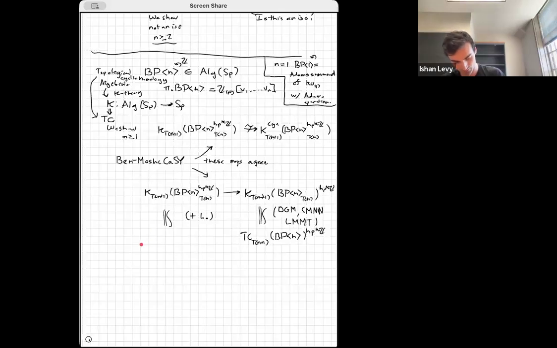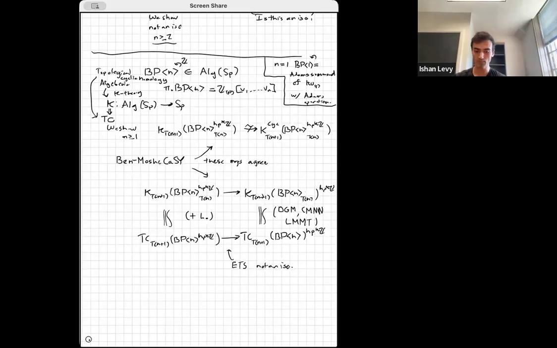And so what you end up with is that you can replace K-theory with TC in this comparison map, and you can remove this Tn localization on the BPn. So namely, it's enough to just study this map. So it's enough to show this is not an isomorphism.